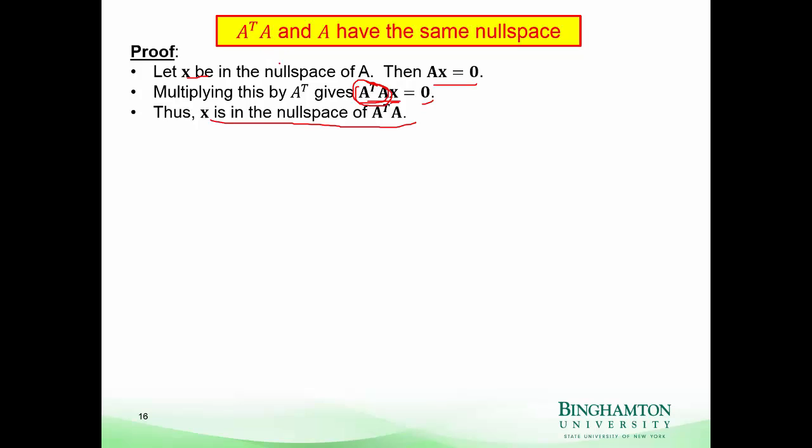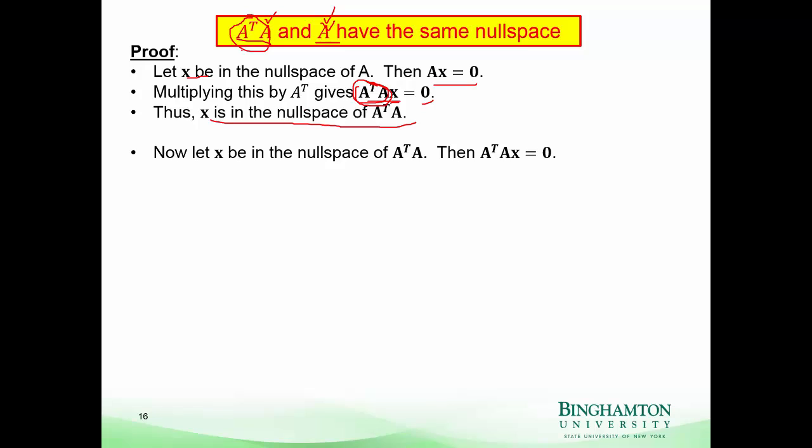And so what we've shown is that if X is in this null space, it's in this null space. Now we need to check the other way, because it could be that the null space of this one is actually bigger than A. So it could be, if we don't check, that there are some X's here that are in the null space of that, but are not in the null space of that. So we better check. We just checked the other way. So let's check this way.